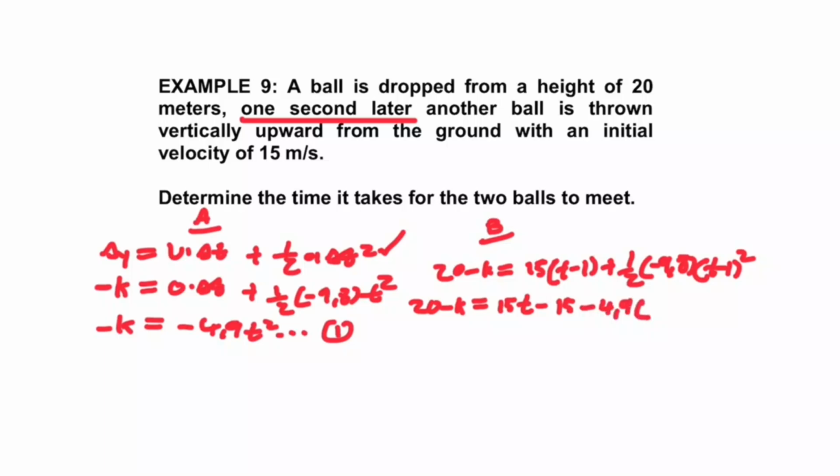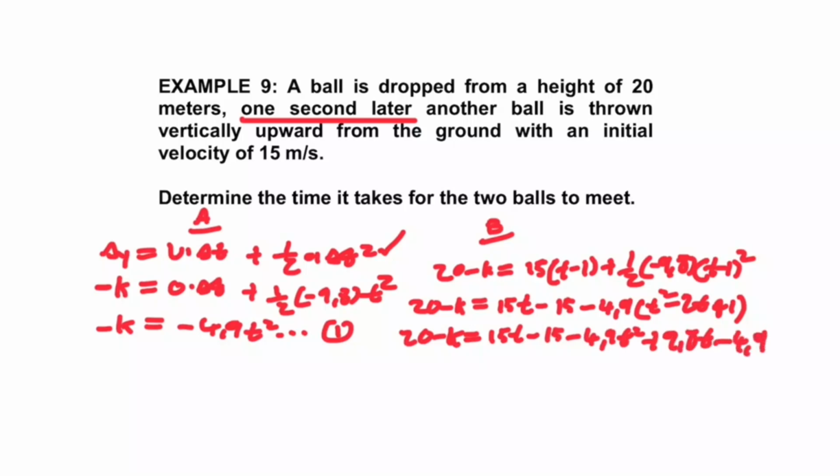And then t minus 1 squared, that is t squared minus 2t plus 1. So 20 minus k equals 15t minus 15 minus 4.9 t squared plus 9.8 t minus 4.9.